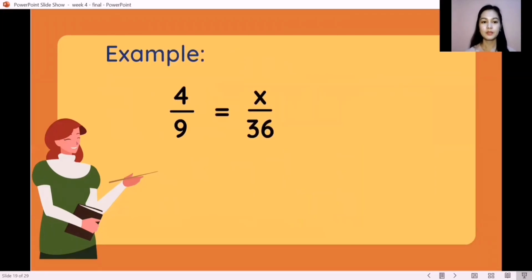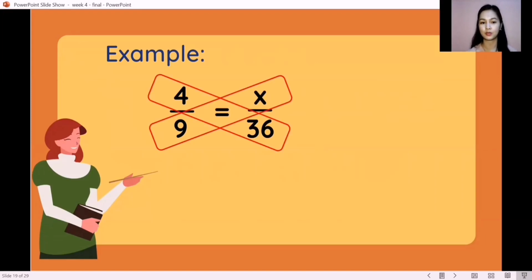Now, how will we know if the two ratios are equal if they have an unknown variable? Here in our example, we have 4 over 9 and x over 36, or 4 is to 9 and x is to 36. To know if these two ratios are proportion, we have to do cross multiplication.